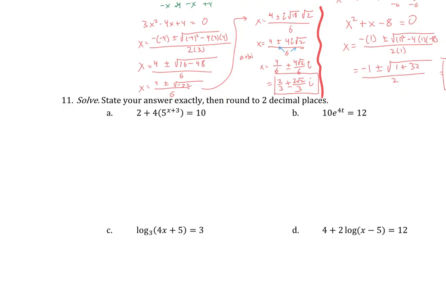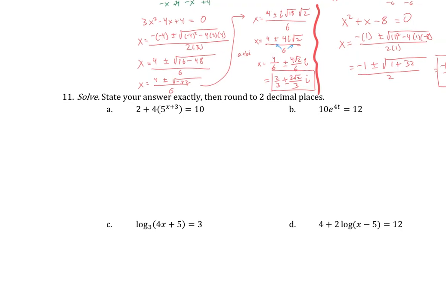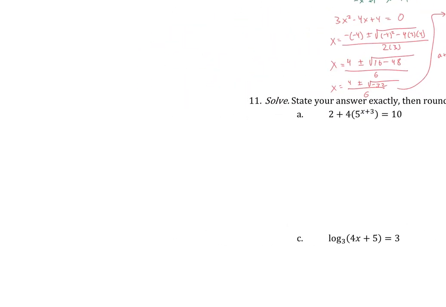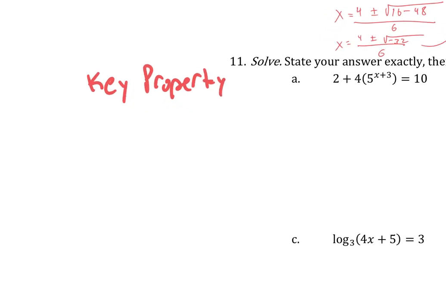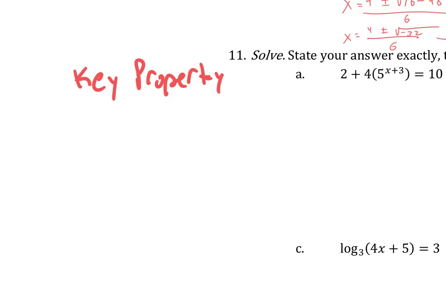Well, on to chapter 10, which is exponential and logarithmic functions. The key here is our definition of a logarithm, our key property, or key definition really. Okay, and so that gives us that we know this.